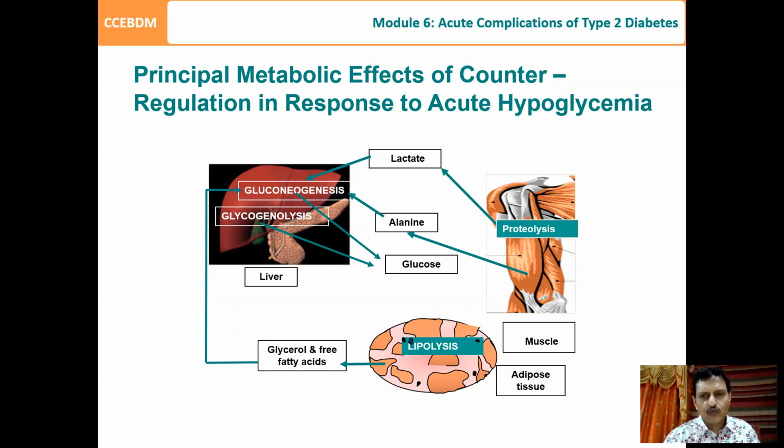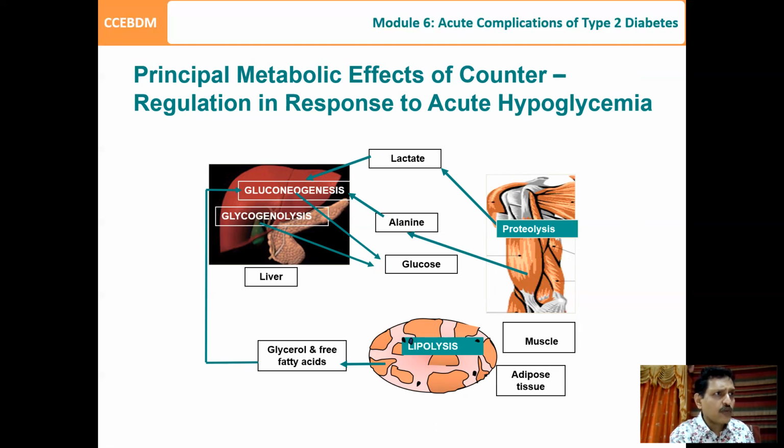And because of these four hormones, especially glucagon, adrenaline and cortisol, they will try to break down the lipids. By breaking down the lipids, they will produce glycerol and free fatty acids. As I've told you, glycerol will be utilized in the gluconeogenetic pathway, and the free fatty acids will be utilized by the liver to produce VLDL.